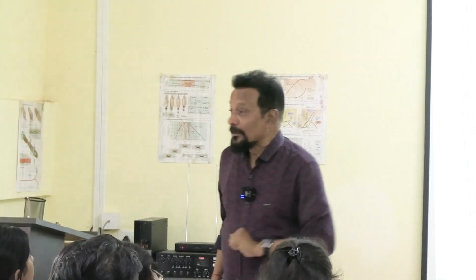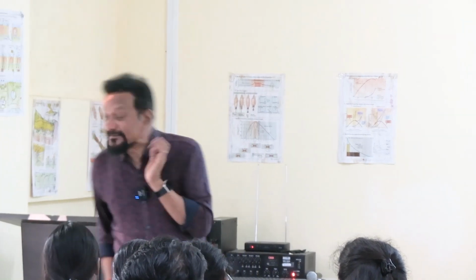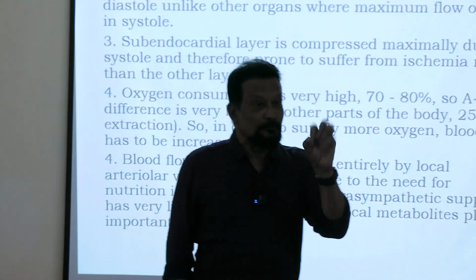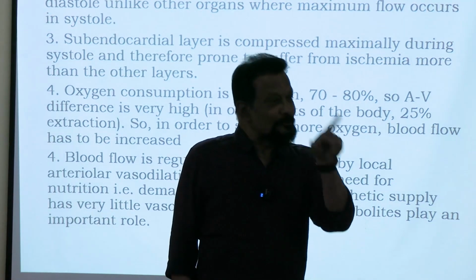How much blood will you be ejecting in 1 minute? You don't answer. If your stroke volume is 70, how much blood can you eject in 1 minute? 4900 ml. 72 into 70 ml. Why 72? Beats per minute. In 1 minute your heart will be beating 72 times, each time 70 ml, so into 72.